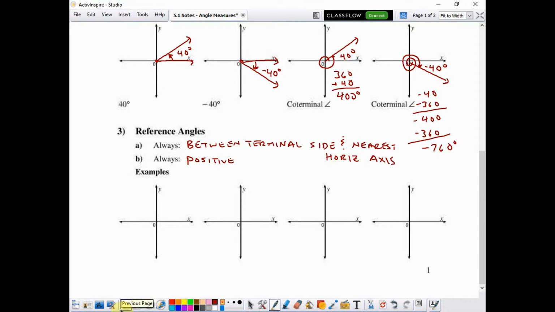So as an example, we'll just continue with our 40-degree angle. The standard measure of that is 40 degrees. The reference angle is the number of degrees from this terminal side to the nearest horizontal axis, which also happens to be 40 degrees.